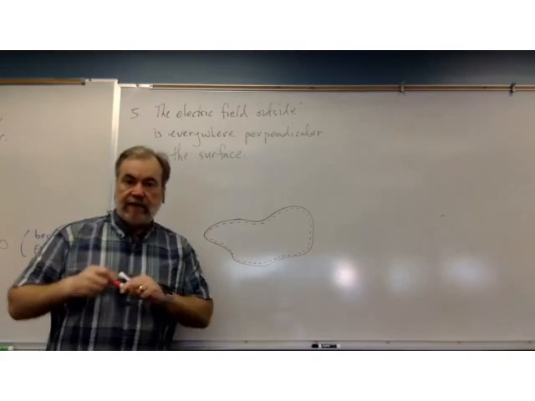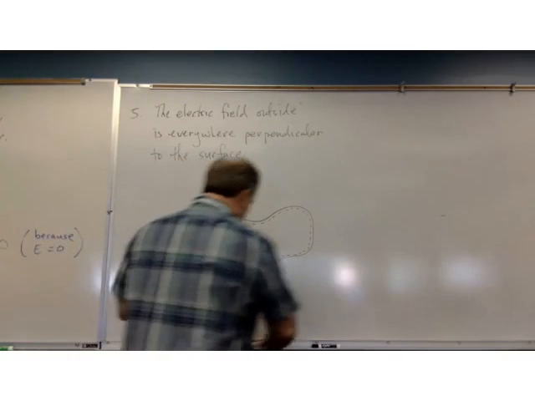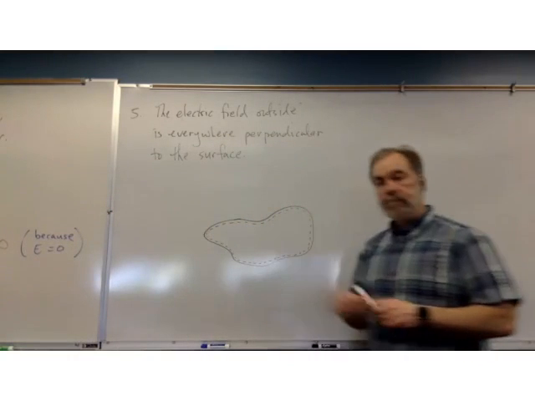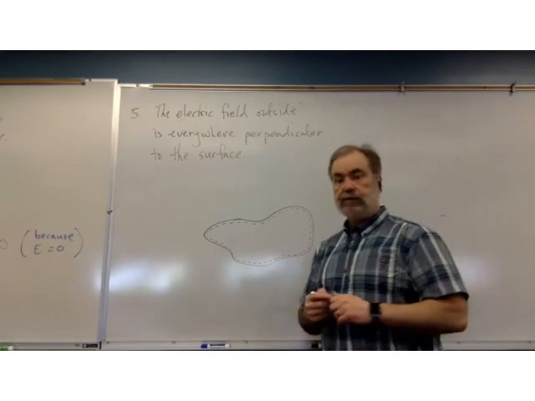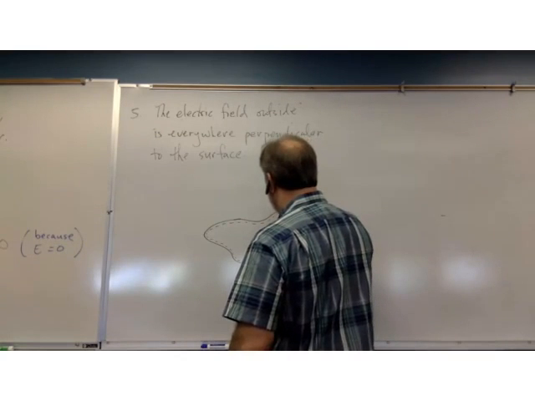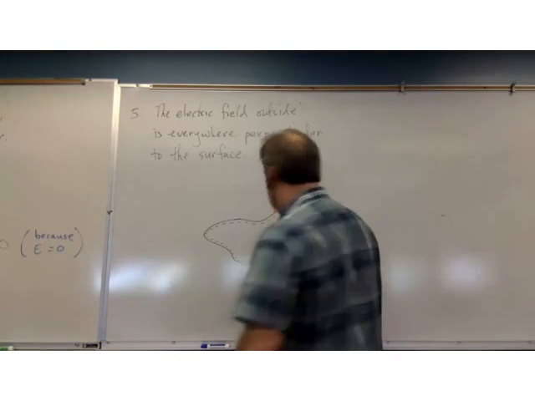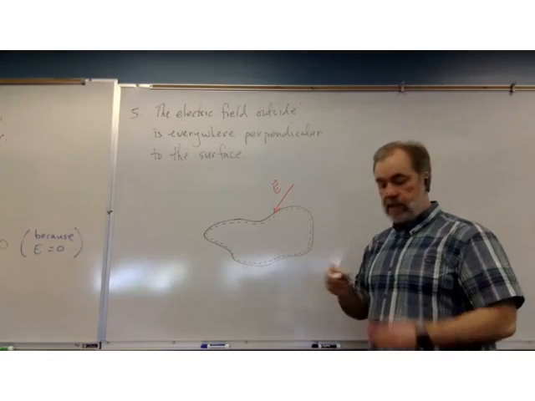The charge density inside is 0, so any excess charge has to be on the surface. So let's suppose the electric field were not perpendicular to the surface somewhere. I'm going to choose a random location and suppose that were the electric field caused by the excess charge near this point.